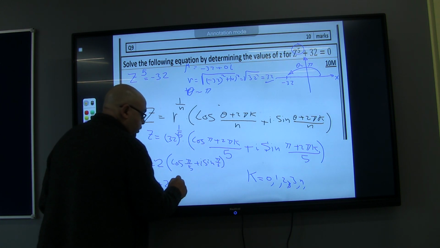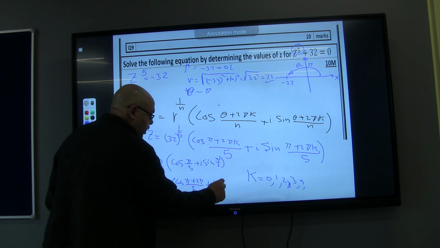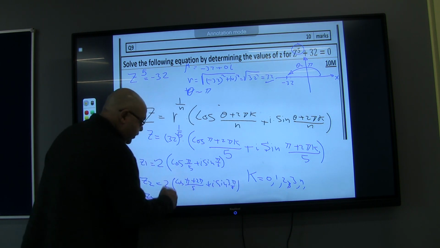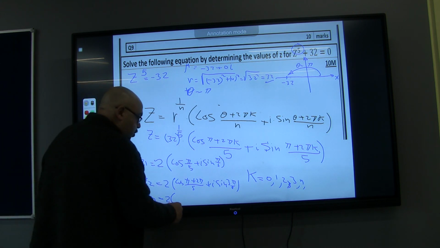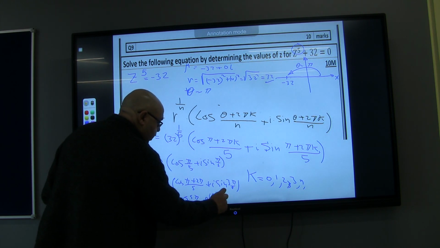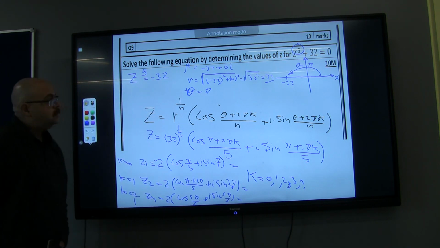For the second root, it's going to be cosine 3 pi over 5 plus i sine of 3 pi over 5. For the root after that, it's going to be cosine 5 pi over 5 plus i sine 5 pi over 5, and so on.